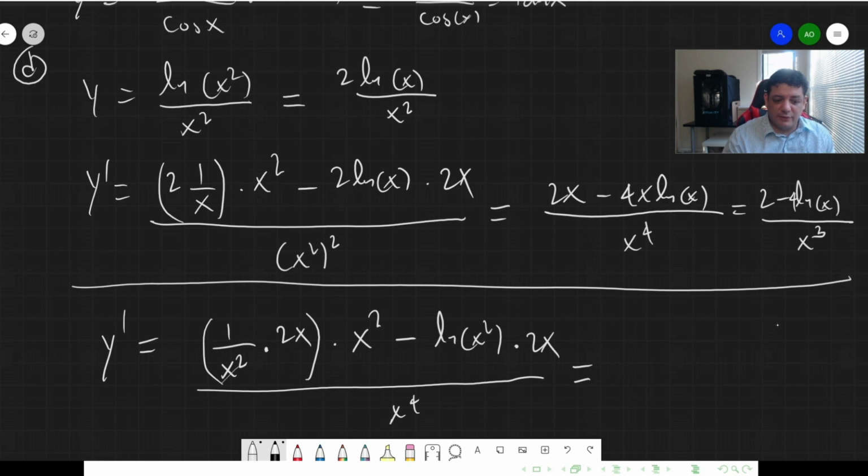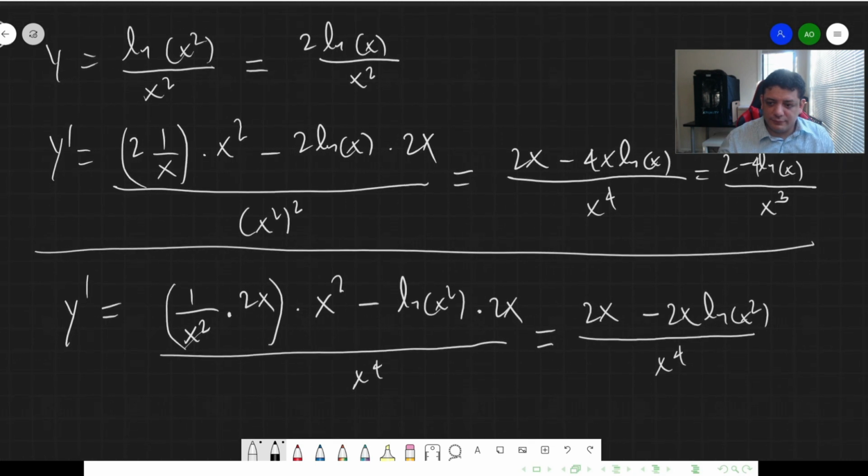Notice that you get to cancel this x squared with this x squared, and so you get 2x minus, on this side, 2x log of x squared over x to the 4, and you can cancel out the x. That's going to be 2 minus 2 log of x squared over x cubed. Notice this is the same thing as before if you use the properties of the powers for logs.